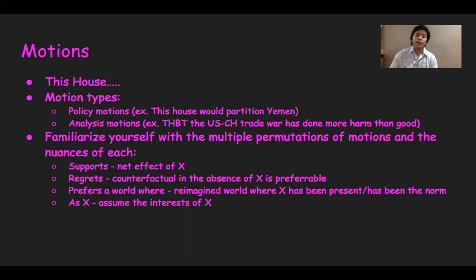The third general, trendy phrasing of a motion is "this house prefers a world where X." It is somewhat similar to regrets in that you are comparing a hypothetical counterfactual. So you reimagine a world where X has been present or has been the norm. And this is different from "this house would impose X."